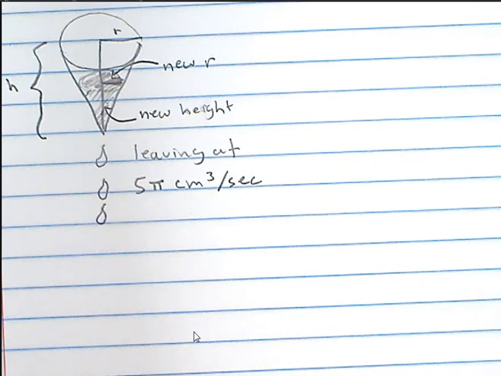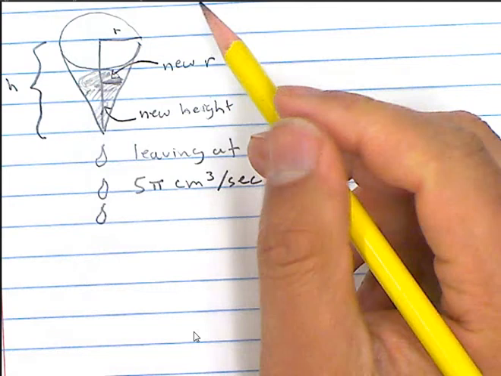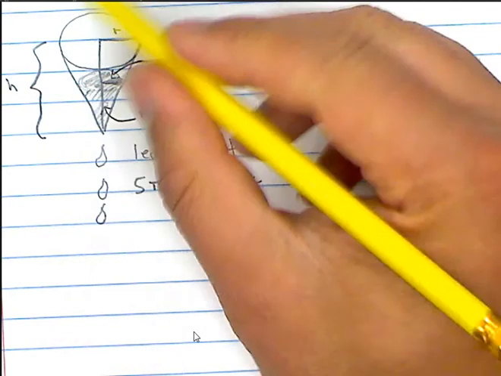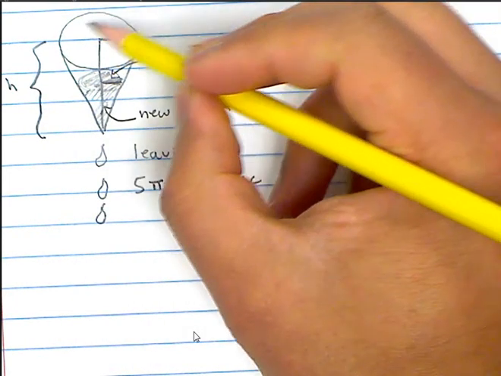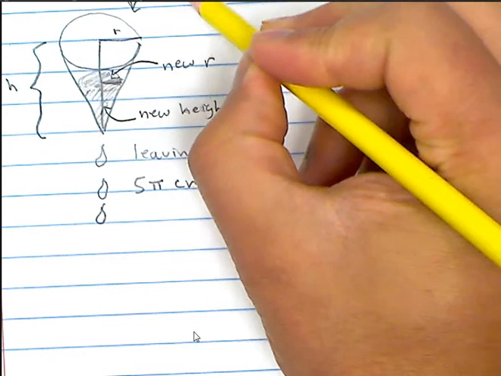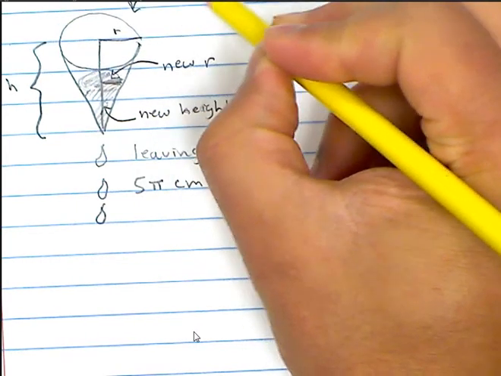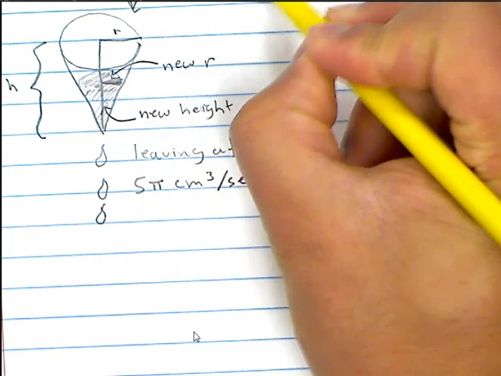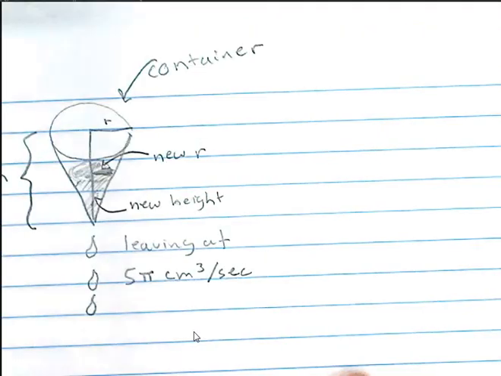Okay? Alright, so what we need to know is what type of object, because obviously this is a container. So it's safe to say that this container's dimensions won't change.